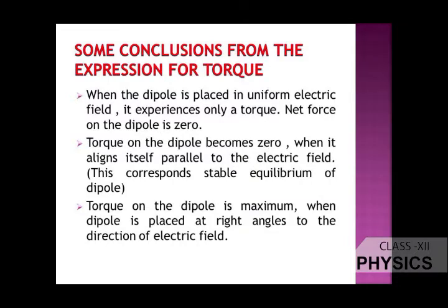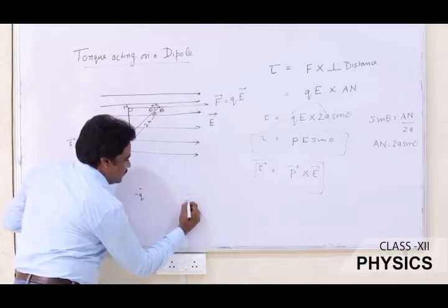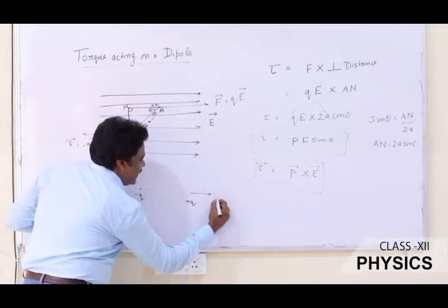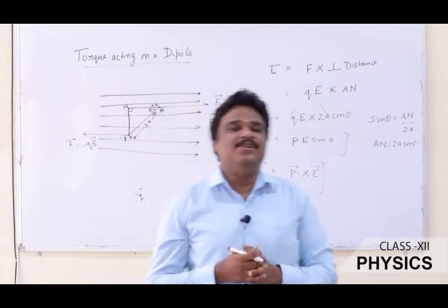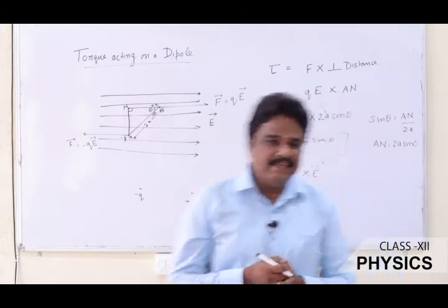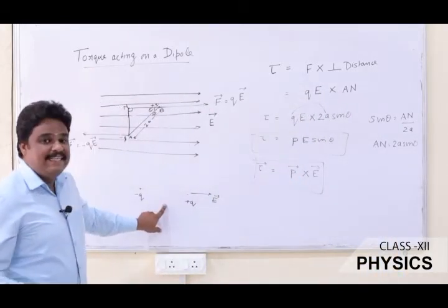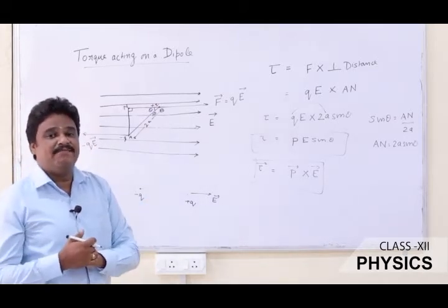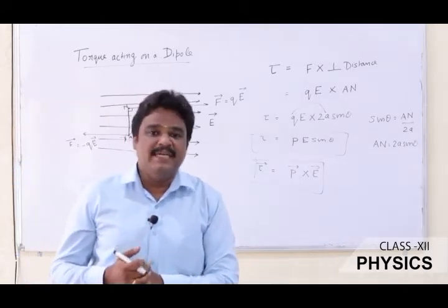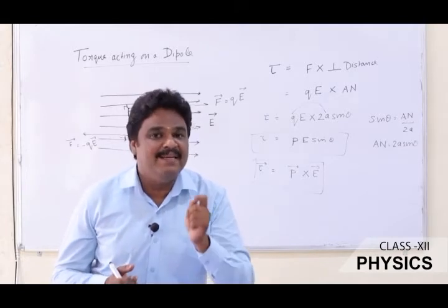Second, what about the value of torque? The value of torque is minimum if the dipole is aligned along the direction of the electric field. This orientation leads to 0 torque, and that is also the condition for stable equilibrium.